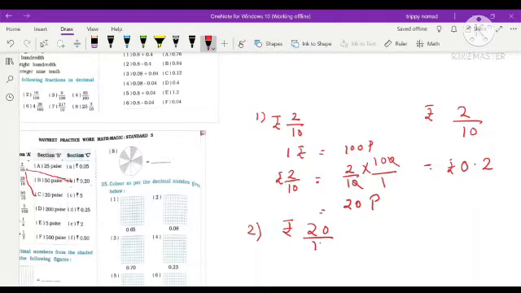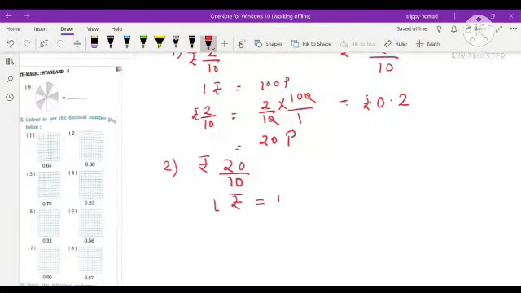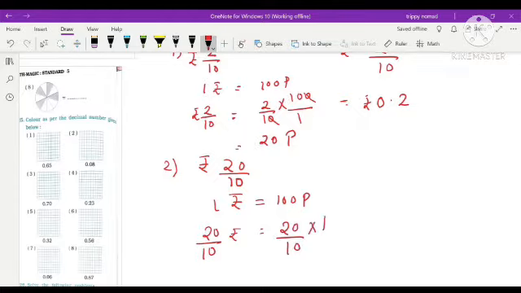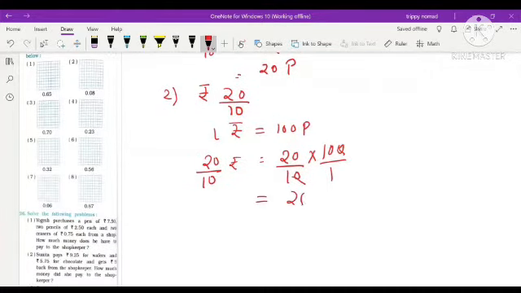Rupee 20/10. Same way, 1 rupee is equal to 100 paise, and then 20/10 rupee is equal to 20/10 into 100. Cut the zeros, how much? 200 paise. So we are going to match here.